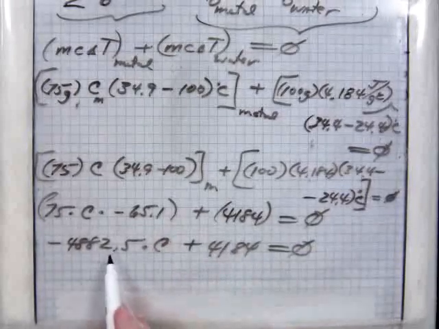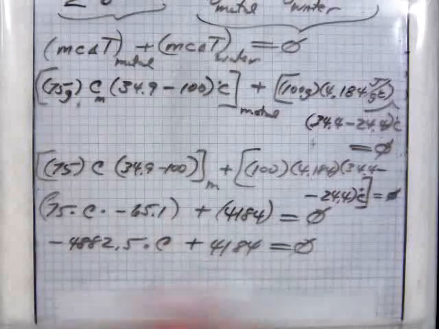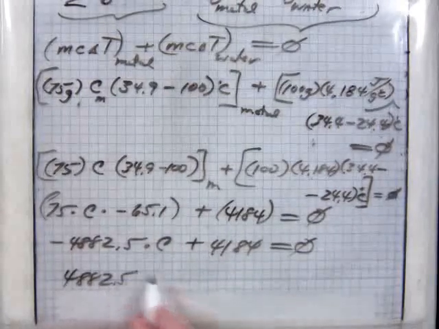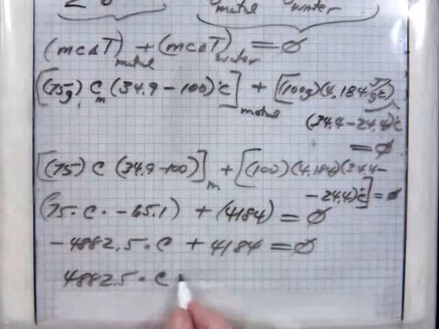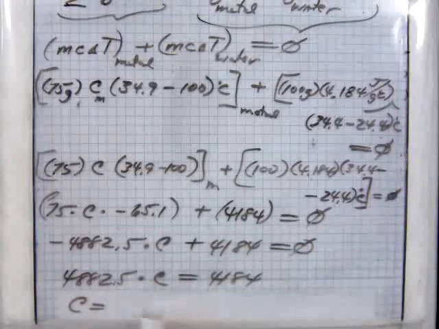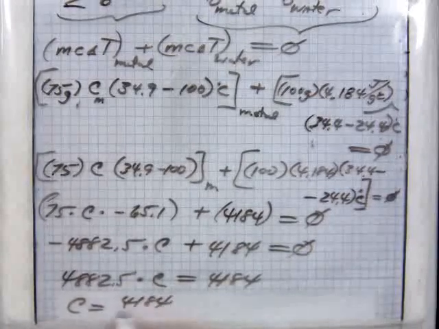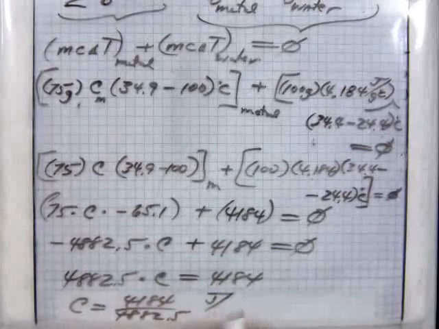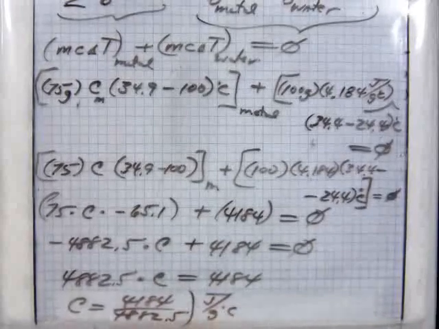Now I'll transpose this to the right side, but it all comes out 4882.5 times C equals 4184. Solving for C is 4184 over 4882.5, and that's going to come out in joules per gram degree C.